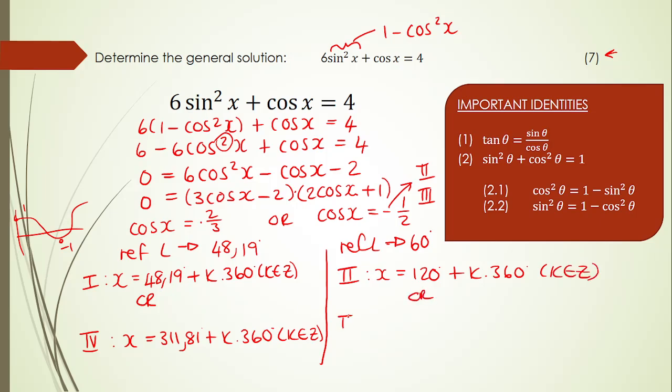Or in quadrant 3, 180 plus 60 is 240 plus k times 360, k an element of integers. Great, 7 marks in the bag.